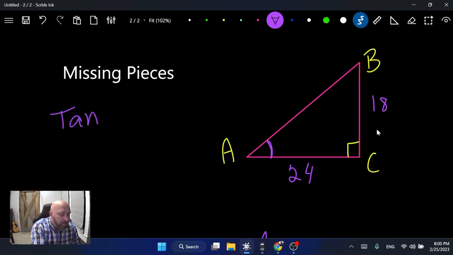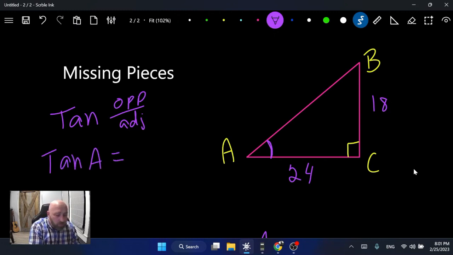It's tangent. So we have opposite over adjacent. We can find A by saying the tangent of A equals opposite over adjacent. What's our opposite? 18. What's our adjacent? 24. All we have to do now is plug that into our calculator, and that's going to tell us what A equals.